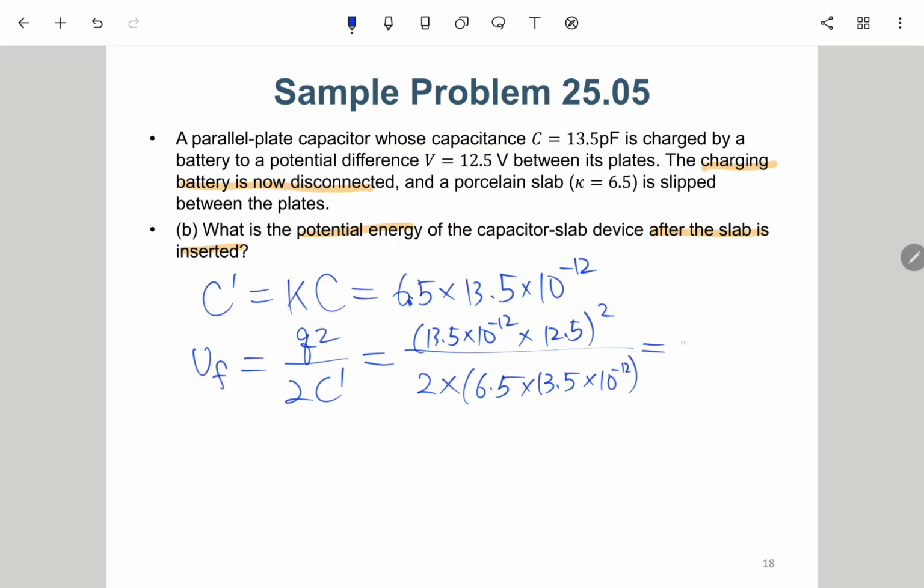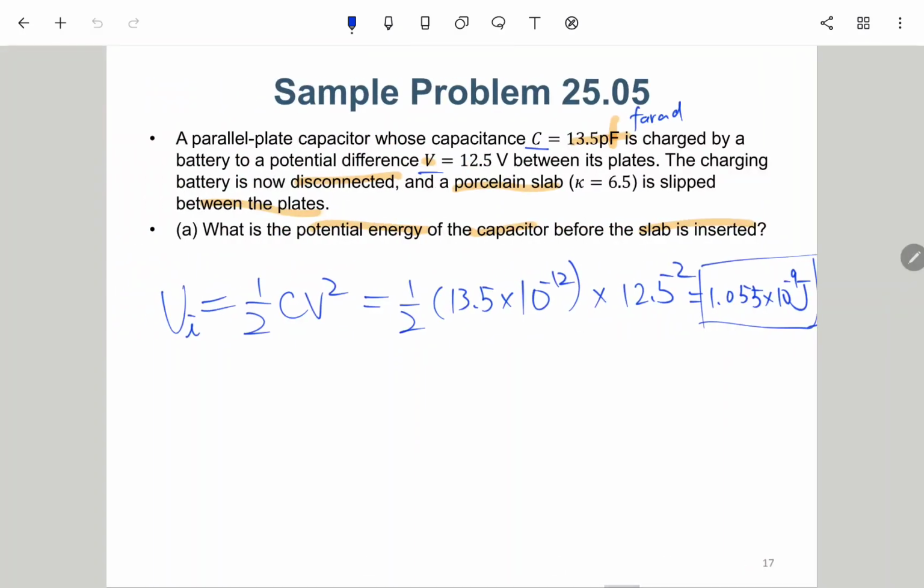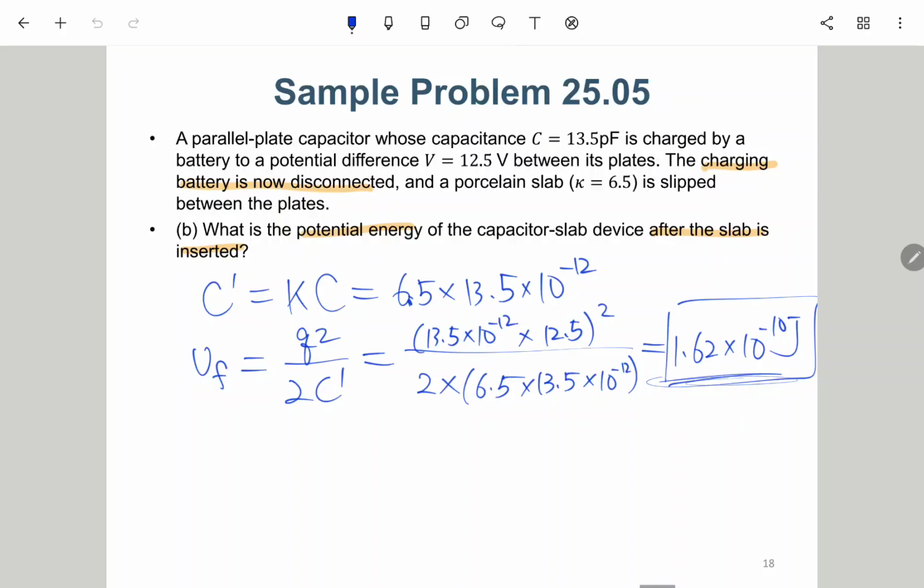So this one will be 1.62 times 10 to the negative 10 joule. This is smaller than the initial. So this is 1.62 times 10 to the negative 10, and this is 1.055 times 10 to the negative 9. Almost 1/9 of the initial.